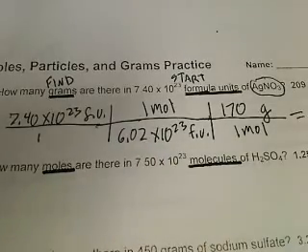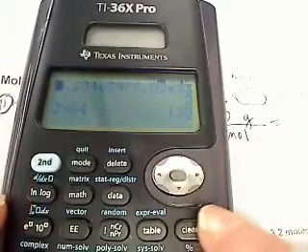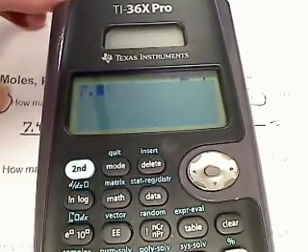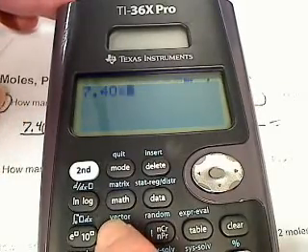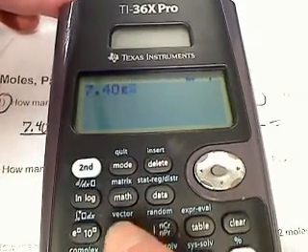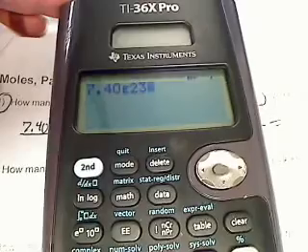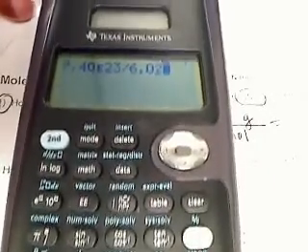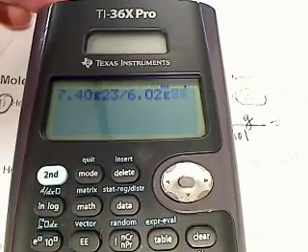So we're going to take the calculator, grab your calculator, and do it yourself. Okay. So we're going to take 7.40 times 10, that's the EE, right? 23. We're going to divide it by 6.02 EE 23 equals.